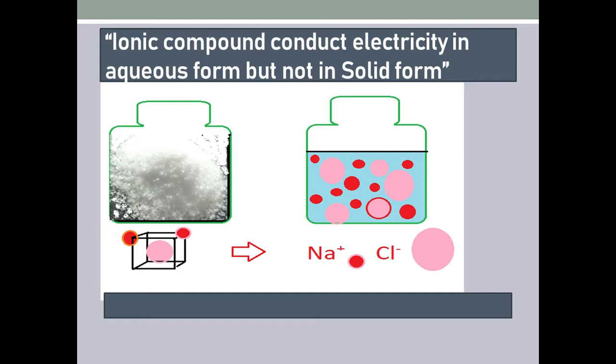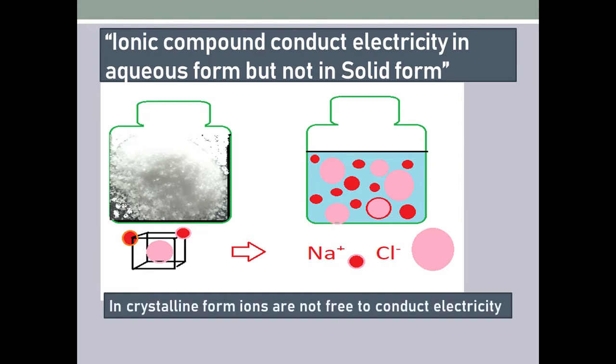So when we dissolve this sodium chloride, that means ionic compound, in water, the ionic crystal lattice gets broken, and because of that broken ionic crystal lattice, these ions become free and they conduct electricity.